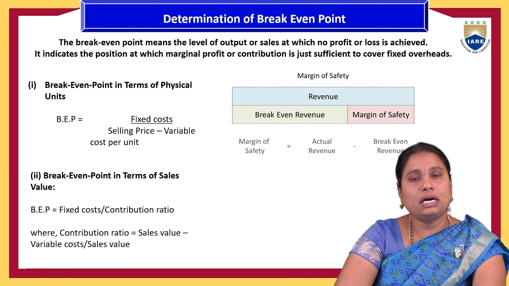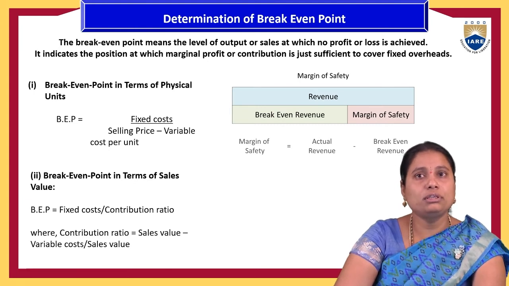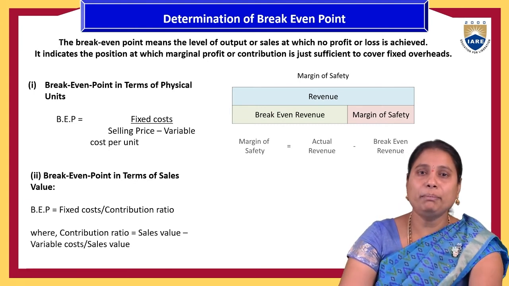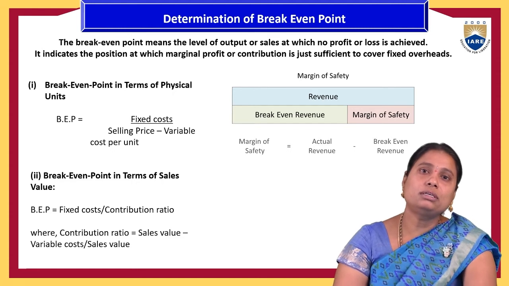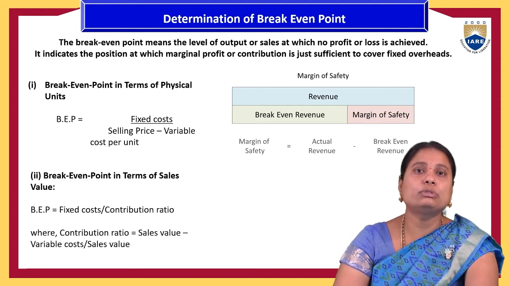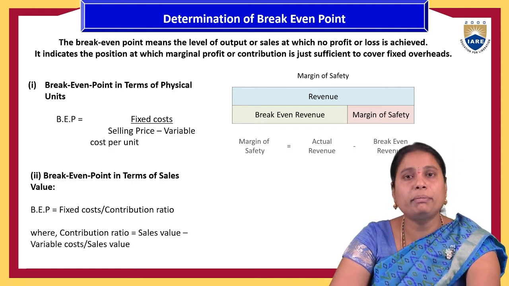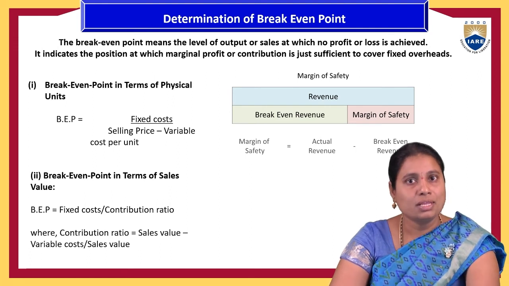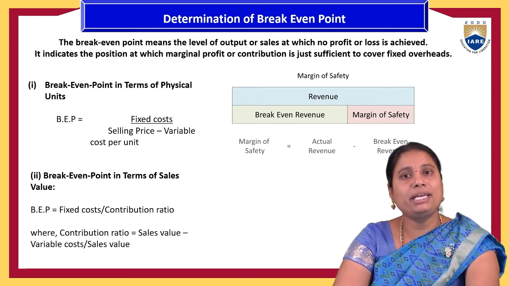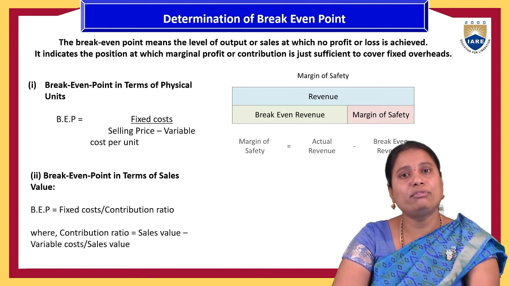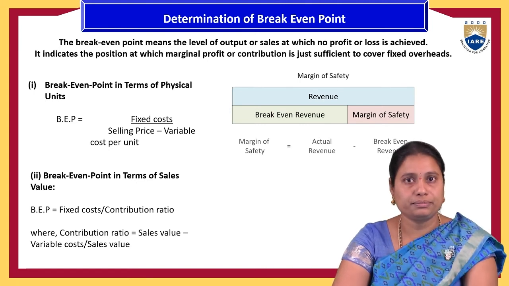That is called the determination of break-even units. Simple thing: if a producer has to sell 10,000 units to get his investment back, the break-even analysis is explained in terms of number of units or physical units.